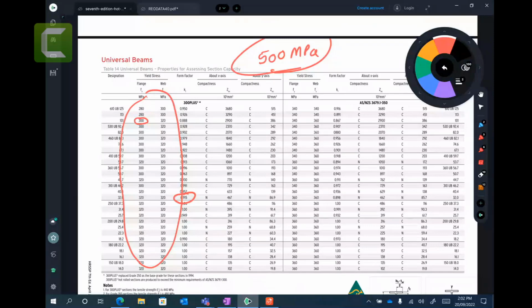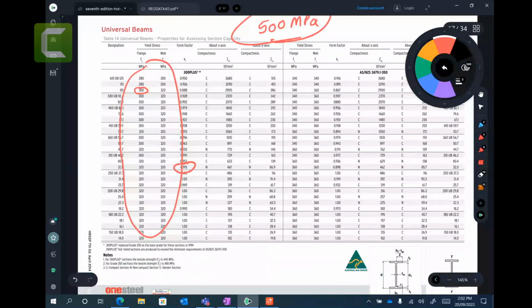Grade 300 means you need to use 300 megapascals as your yield strength. 320 also falls in the 300 megapascal range. The Australian standard says you need to produce 300 megapascals, but it can be 320, 300. Grade 300 means within that range.